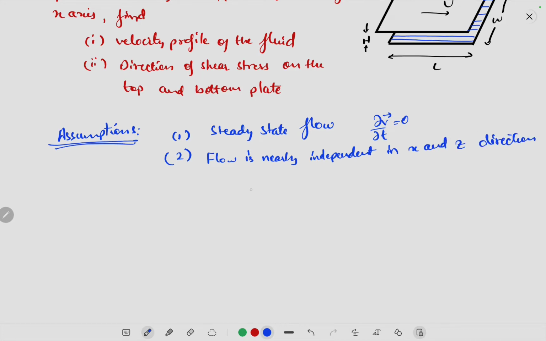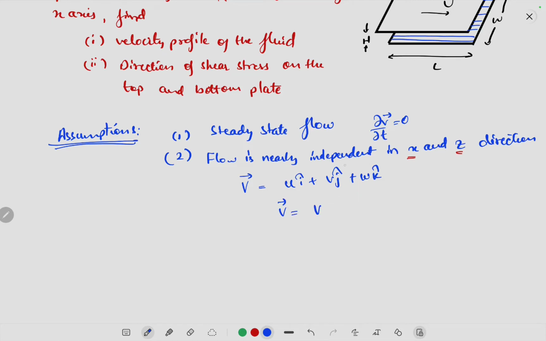We can write the velocity vector, which was given as u i hat plus v j hat plus w k hat, and since we are assuming that there is no flow along x and z and also the variations are not along x and z, this tells me that the V vector will be just a function of y.